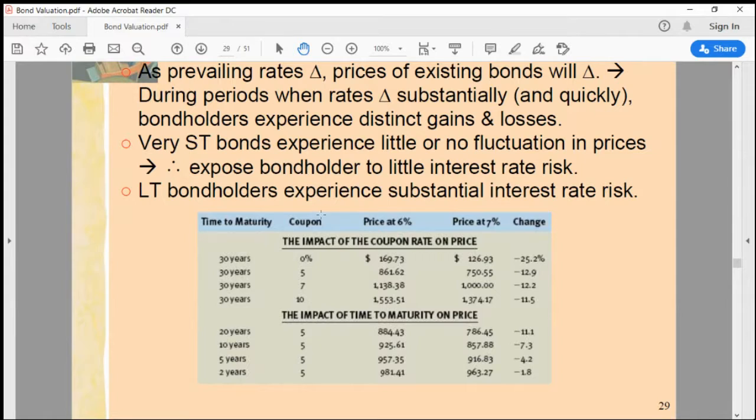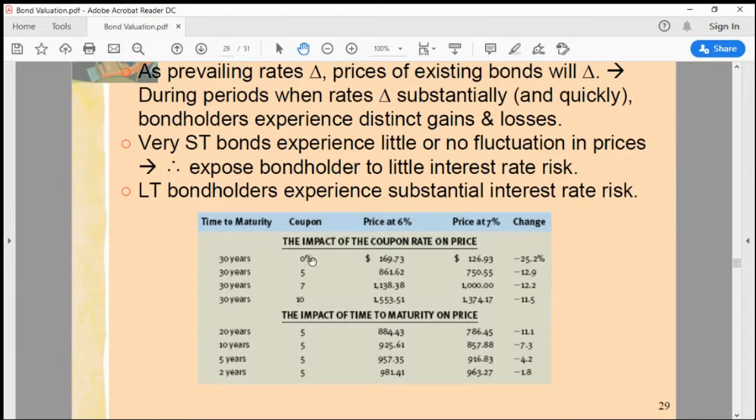And what's going to happen to the valuation when the market interest rate, not the coupon rate, right? The market interest rate, which is being used as the discount rate, goes up from 6 to 7%.